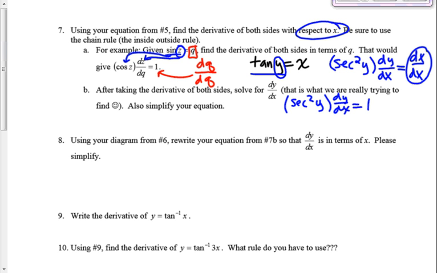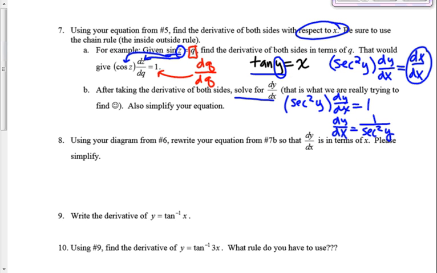And then in part B, it says solve for dy dx. So I'm going to get dy dx by itself by dividing both sides by secant squared y. So dy dx is going to be 1 over secant squared y.